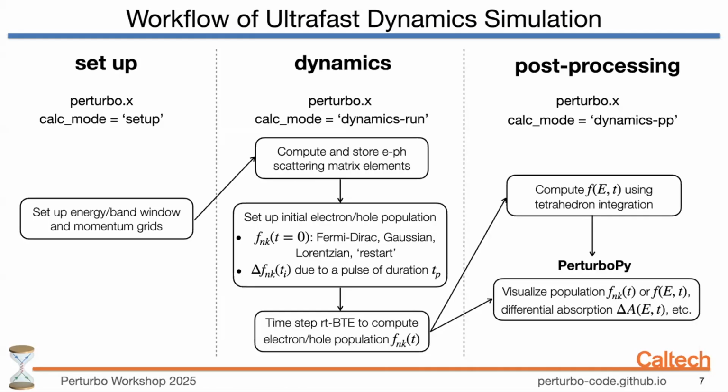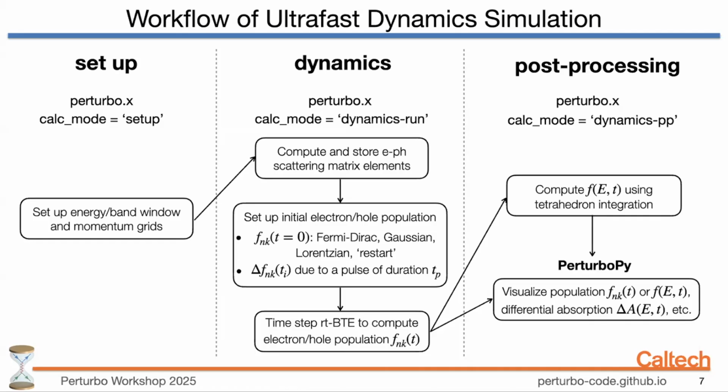And then after setting up, we move on to dynamics, where technically the dynamics run is all done in one step, but you can also break it into different steps. The calc mode is always called dynamics-run. In this case, you first set up, compute and store these electron-phonon scattering matrix elements, and then you choose in your input file the initial carrier populations.